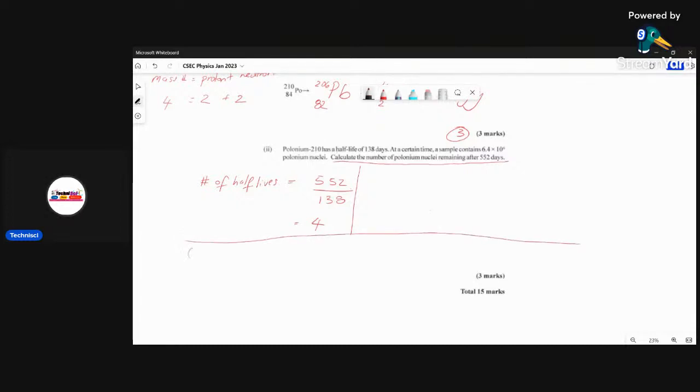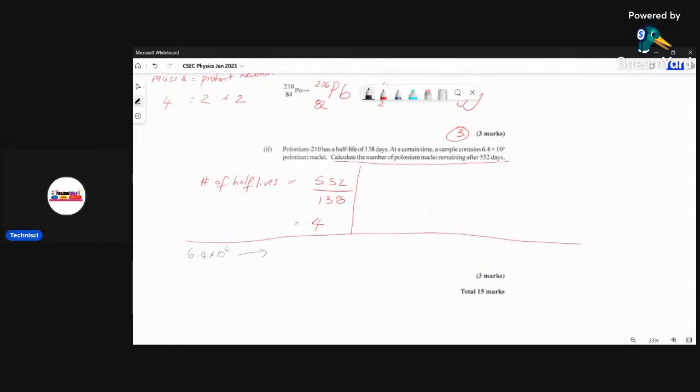So 6.4 times 10 to the 6. After 1 half-life, the arrow representing half-life, what will remain? Simply do that value divided by 2. Remember, half-life is the time it takes for it to reduce to half.